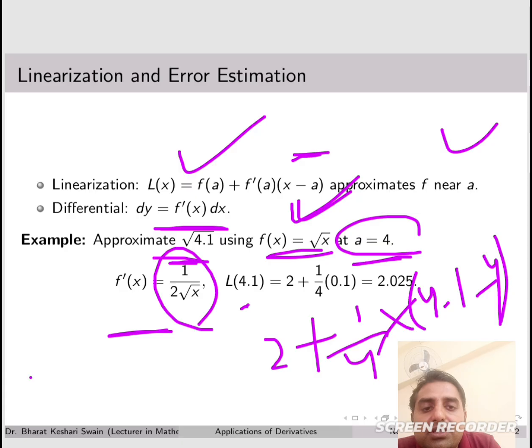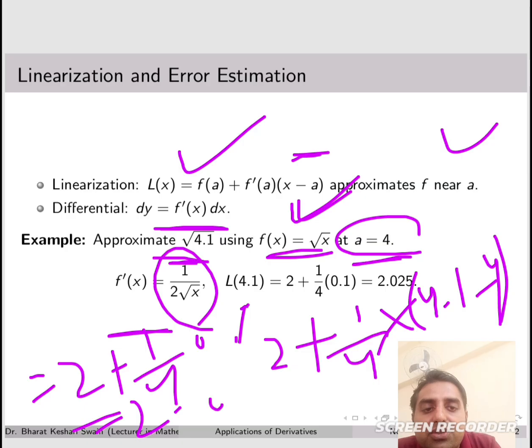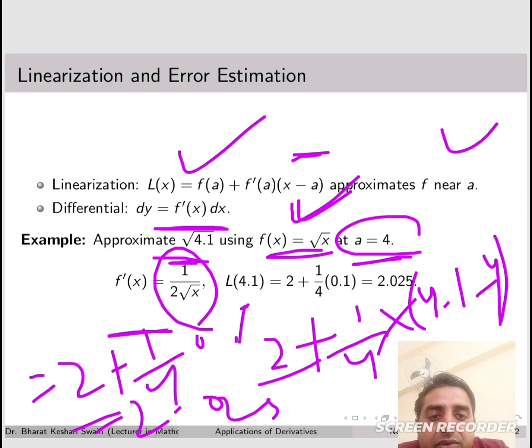So the value is 2 plus 1 by 4 into 0.1, and that is 2.025. So this is the approximate value of the square root of 4.1. This is how we can approximate any value using the linearization formula.